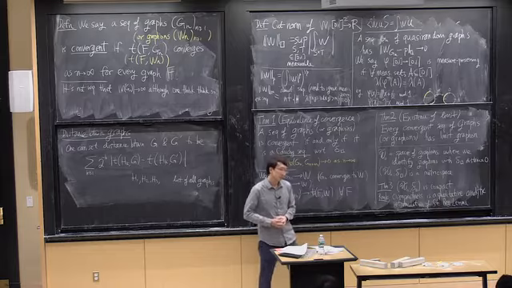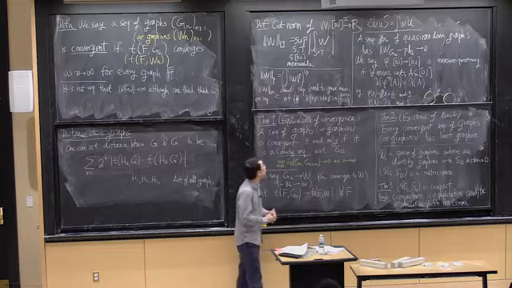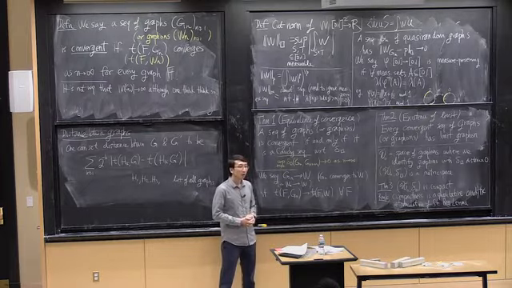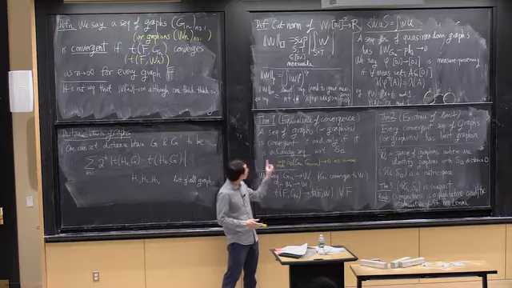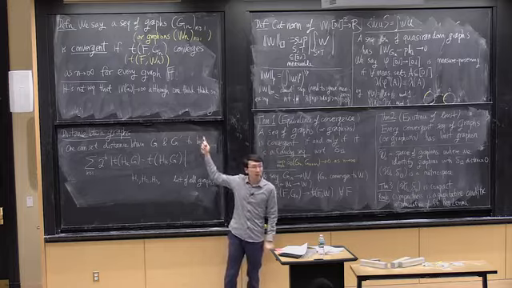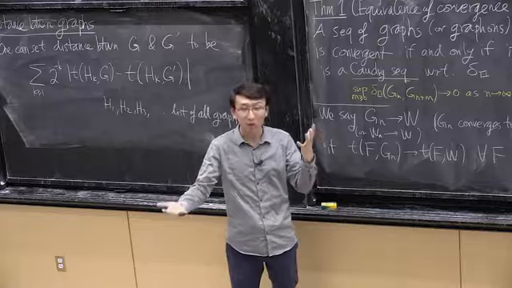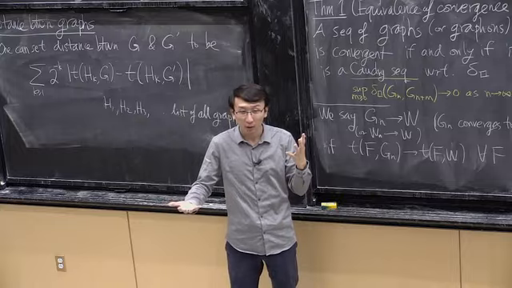Yeah. Doesn't theorem 3 imply theorem 1, because every Cauchy sequence is compact? Okay, does theorem 3 imply theorem 1? The answer is no, because in theorem 1, the notion of convergence is about homomorphism densities. Theorem 1 is about two different notions of convergence and that they're equivalent to each other.